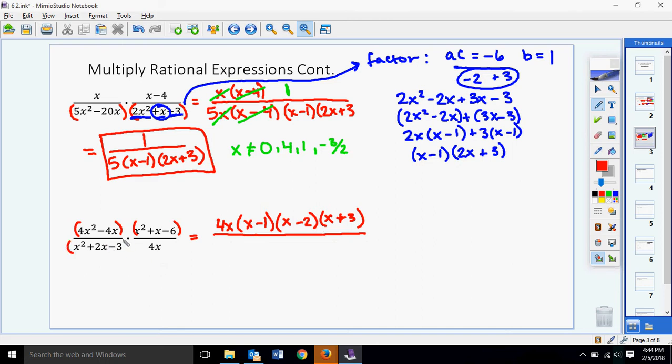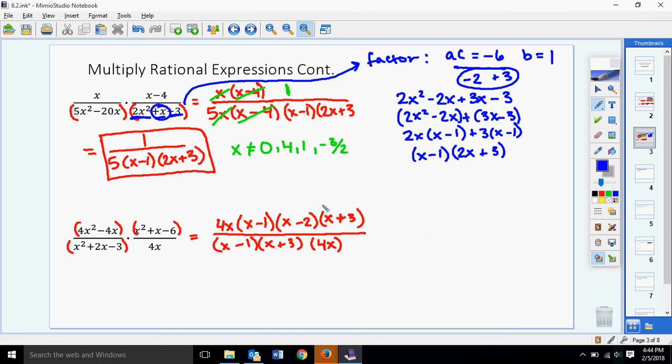I have another trinomial, so again, trinomials get factored into two sets of parentheses. What two numbers multiply to -3 and add up to 2? That would be a -1 and a +3. And I have a 4x, which cannot be factored, in the denominator.